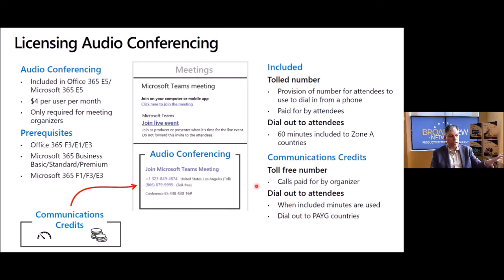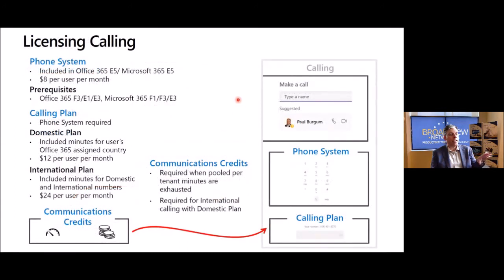So audio conferencing gives you that ability for your Teams meetings to be telephone enabled, communication credits to pay for any toll charges. In the telephone system licensing, where we add on the phone system and we add on the Microsoft calling plan, we're adding on communication credits for whatever isn't covered by the calling plan. So the default calling plan that's included in Microsoft Business Voice is called the domestic plan.